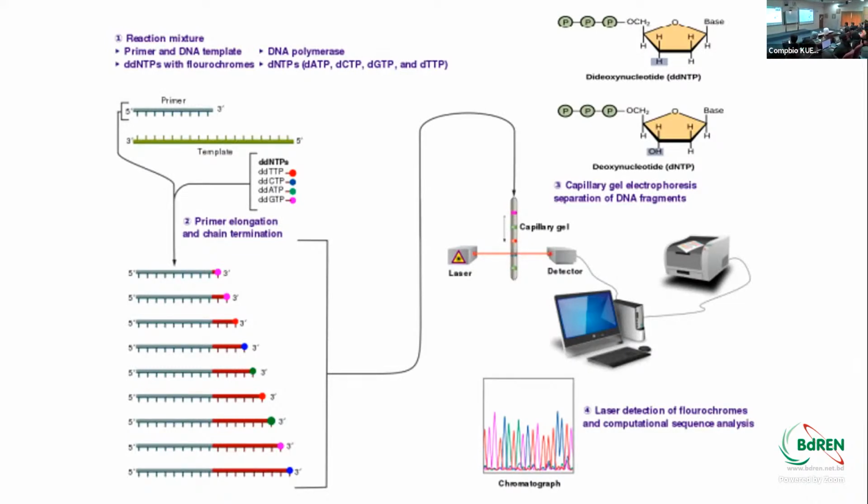There was a fluorescent label dye with the ddNTPs, and we can see the emission. After this, there is the capillary electrophoresis, and from the laser it's detected, and we get these color chromatograms.